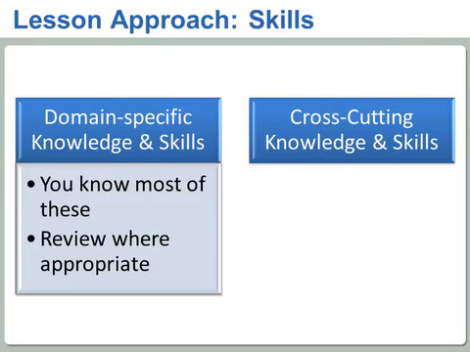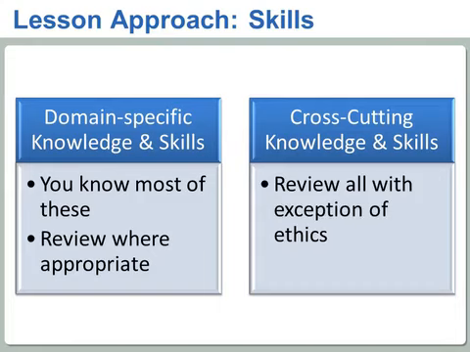The cross-cutting knowledge and skills, on the other hand, we will review all of these, with the exception of ethics. We have separate episodes in which we look at each of those cross-cutting knowledge and skills that the exam content documentation lists, with the exception of ethics, because, as you have seen on the previous slide, we will review ethics with each and every task that we are going to see.